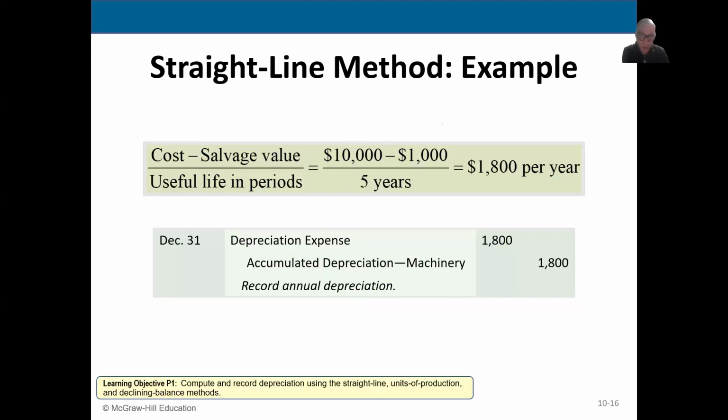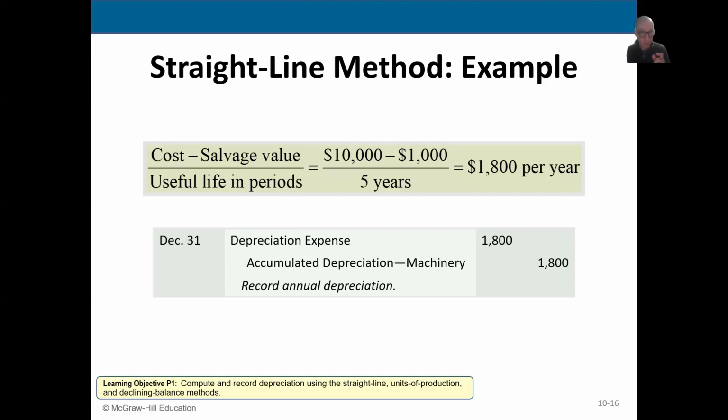So at the end of each year, I make an adjusting entry. Technically, it's a closing entry, but you see my point. We debit depreciation expense, $1,800. That's an expense account on the income statement. And we credit accumulated depreciation, machinery. This is a contra asset account on the balance sheet.